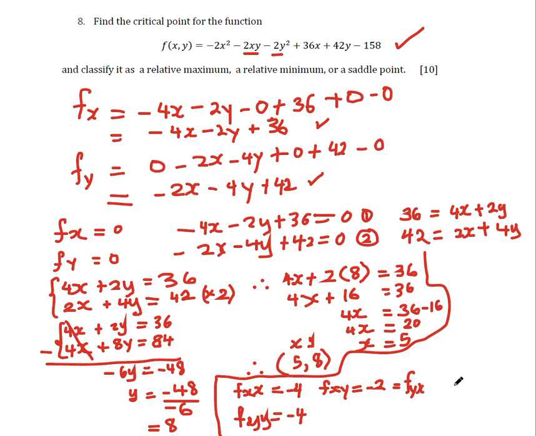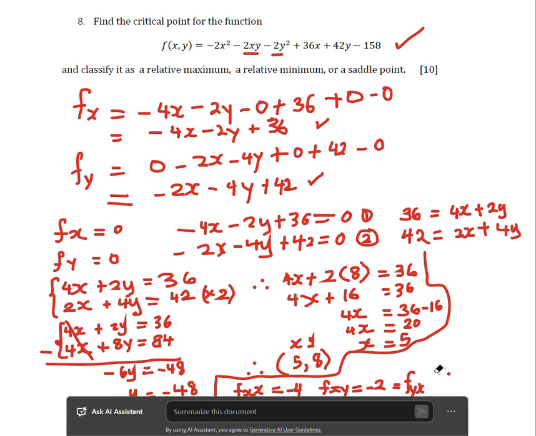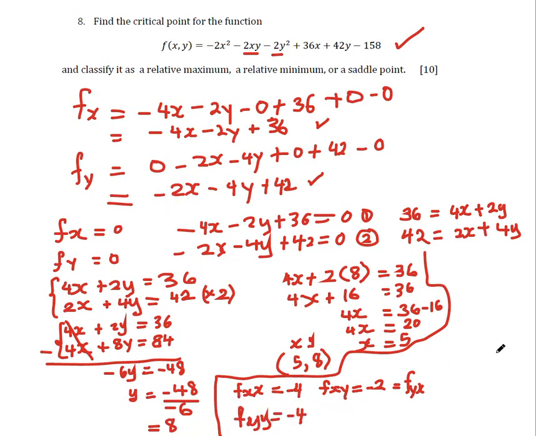Okay? So now I have fxx, fyy, fxy, and fyx. And we simply write this in matrix form. To write this answer in matrix form, this is what we're going to get. We put fxx here first. fxx is negative 4.